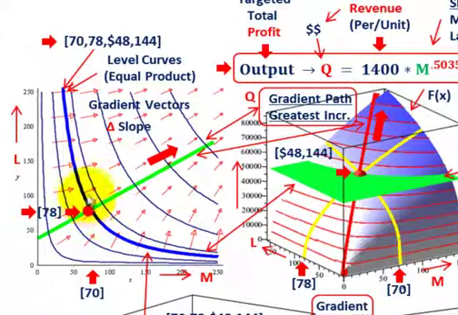You're looking for some constant amount, and you want to see where you're deviating based on your gradient path of greatest increase and also your equal product curve. Okay, so the blue line here, equal product curve, matches up with our green cutting plane that's going through our production function. So that's just our first gradient path or plot that we're looking at with these vector amounts.